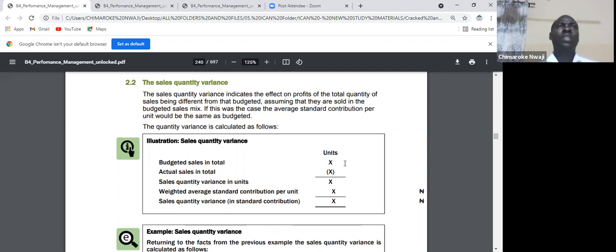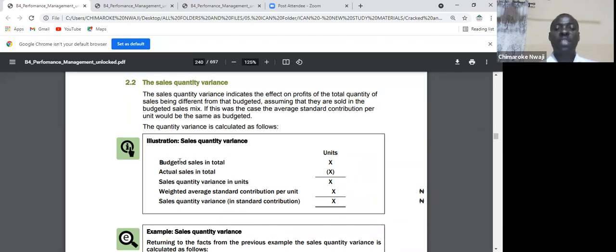So if you understand direct material usage variance very well, we are applying the same principle here. So as we are getting that correctly, we are going to be understanding sales quantity variance and sales mix variance. Now look at the format here.